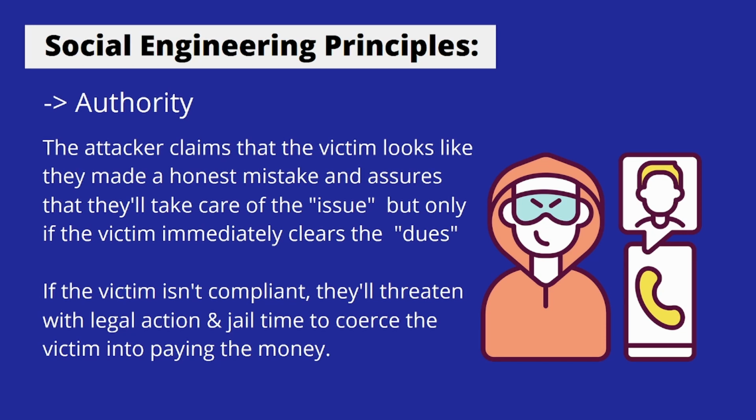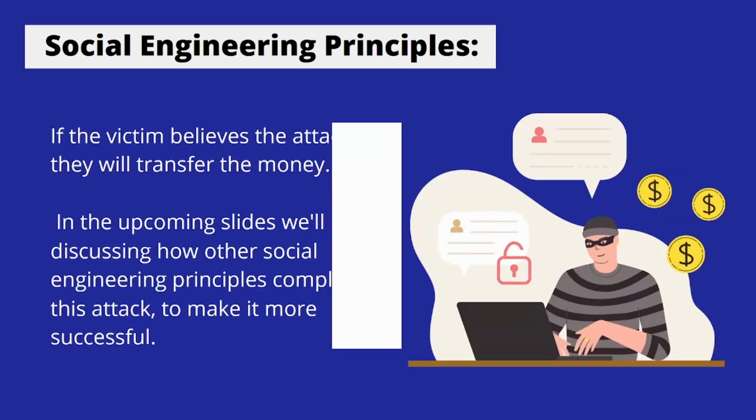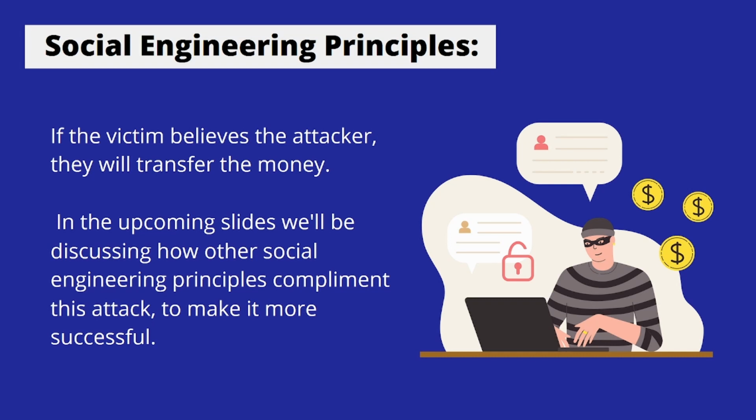If the victim isn't compliant, the attacker will threaten legal action and jail time to coerce the victim into paying the money. If the victim believes the attacker, they will transfer the money to avoid legal action and jail time. In the upcoming slides, we'll be discussing how other social engineering principles complement this type of attack to make it more successful.